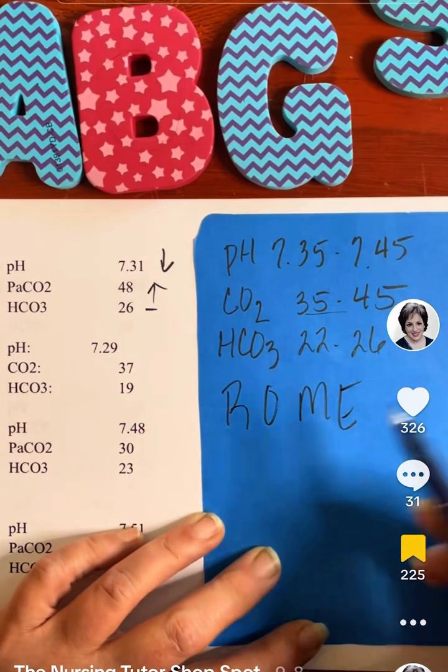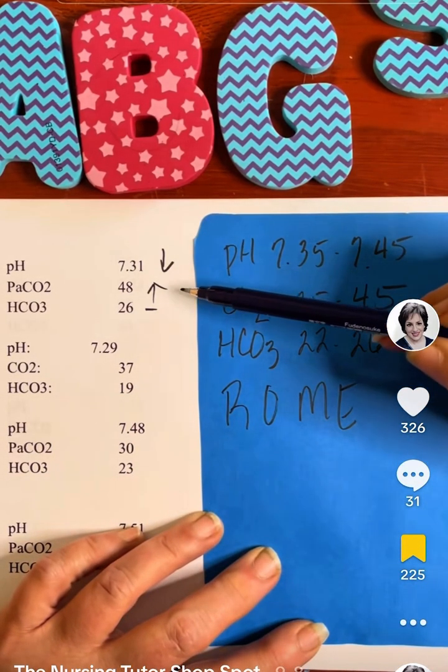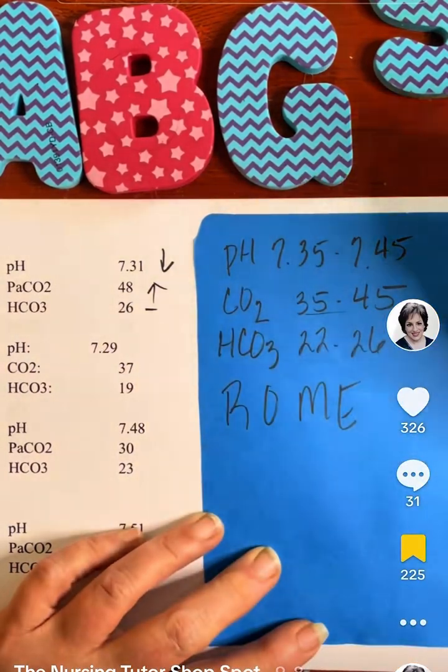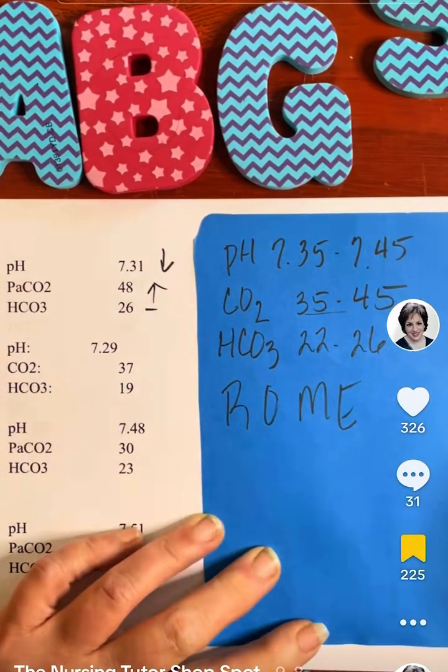to tell what it is, it means respiratory opposite. So my arrow for the respiratory, CO2 represents the lungs, and bicarb or HCO3 represents the kidneys.